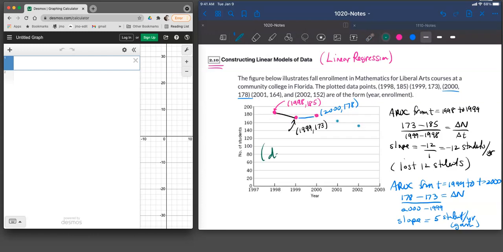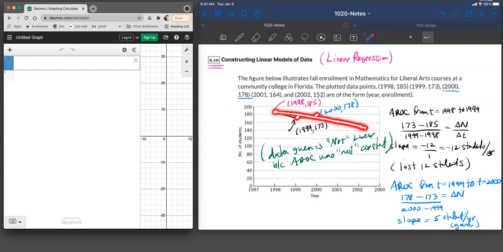Okay, the data given is not linear because the average rate of change was not constant, right? But we can see in this problem that if we're willing to give up the concept of being exactly linear, these points do not lie on exactly one line.